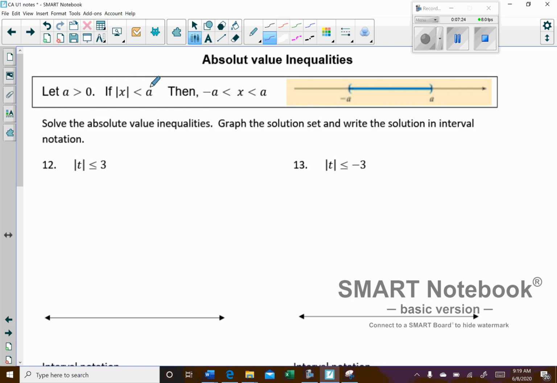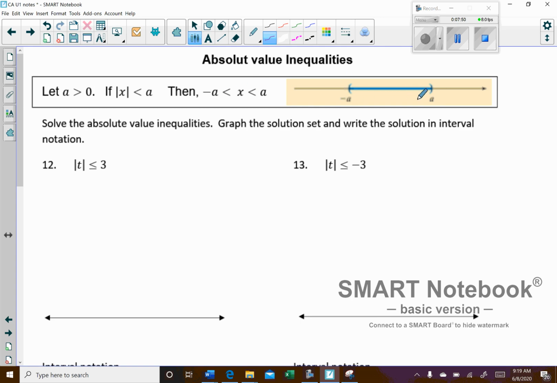So you have your absolute value, and it is less than some positive number. Then, if you have the absolute value of x is less than a, that value inside the absolute value needs to be squeezed between the opposite: between negative a and positive a.